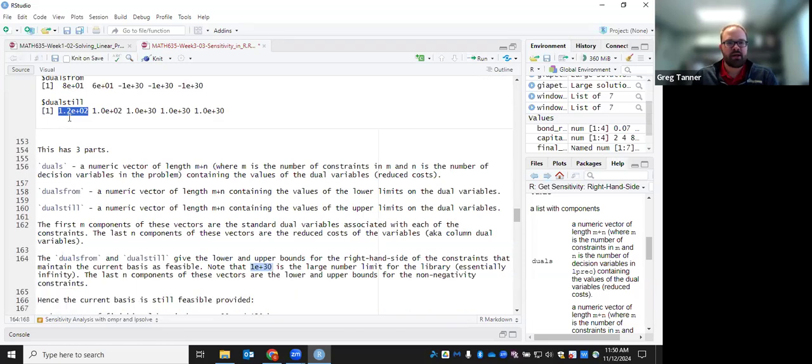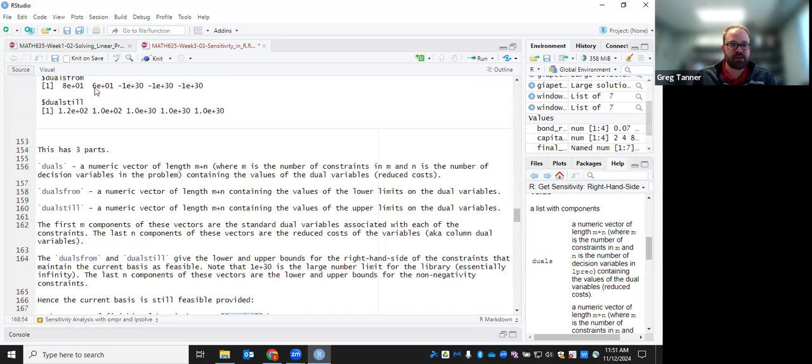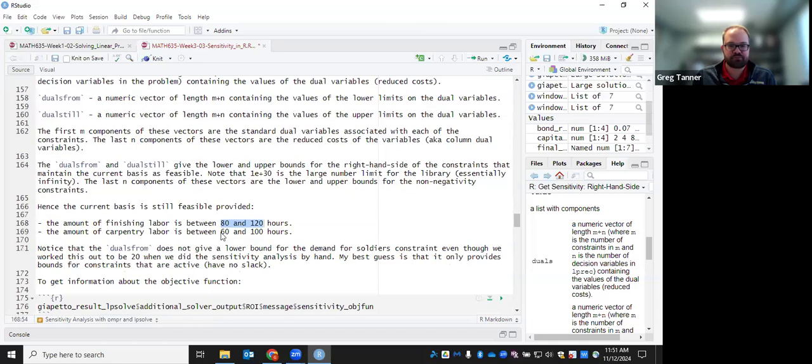And so we see that for the first constraint, the amount of finishing labor, the current basis is still feasible provided the amount of finishing labor is between 80 and 120. And that corresponds to what we worked out when we did this problem with pencil and paper. For the carpentry hours, that's between 60 and 100.